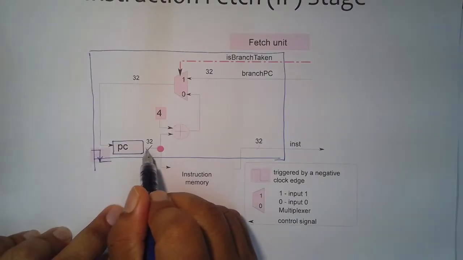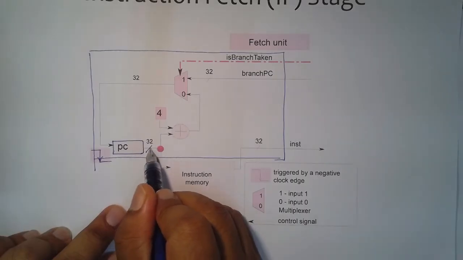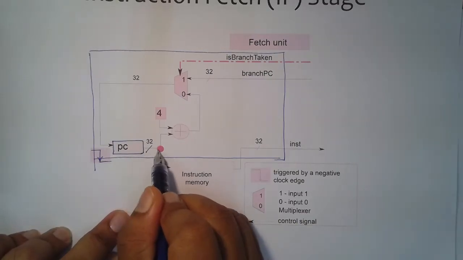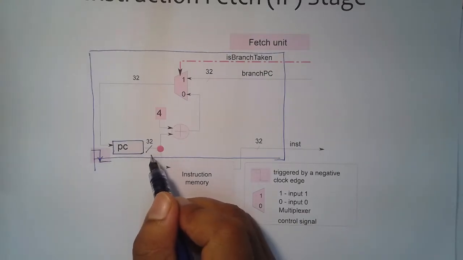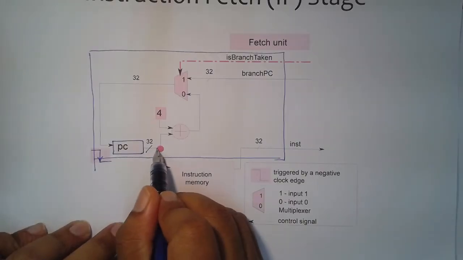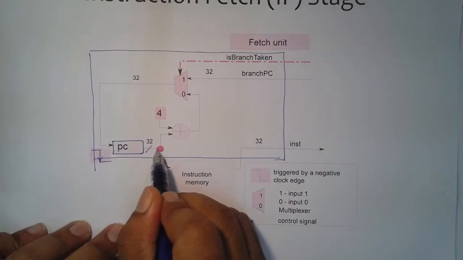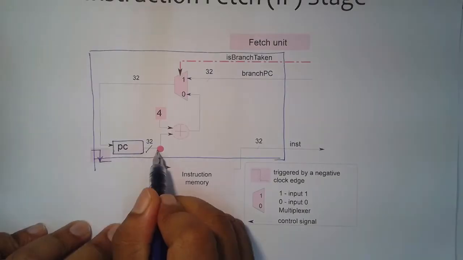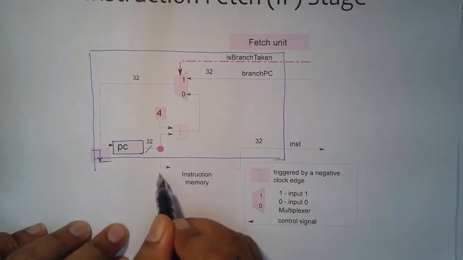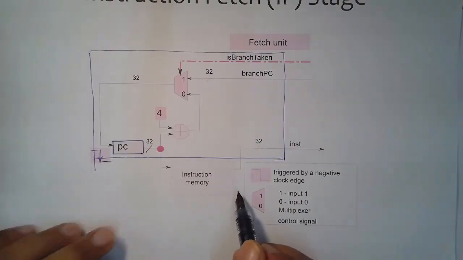Whenever there is a single line with a stroke like this and a number written next to it, that means this single line represents 32 parallel lines. So this is a 32-bit address which we are passing from the PC. PC is the register which contains this 32-bit address, and we are passing it to the instruction memory.